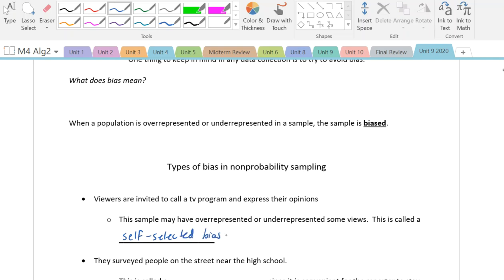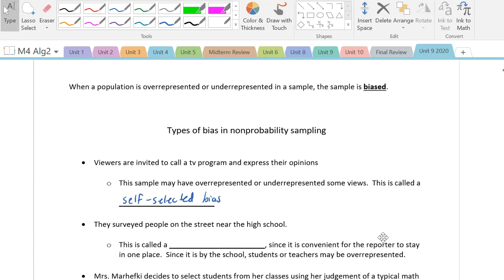The problem with this is if you have to go out of your way to call into the show, it's going to be based off of that you have a strong opinion, whether it's a positive that you're really pro whatever they're talking about or you're really a negative against what they're talking about. It's a strong response. You also see this type of response on reviews for a restaurant online, like on a Yelp type of situation, that people who go on to those websites to review them have strong opinions.